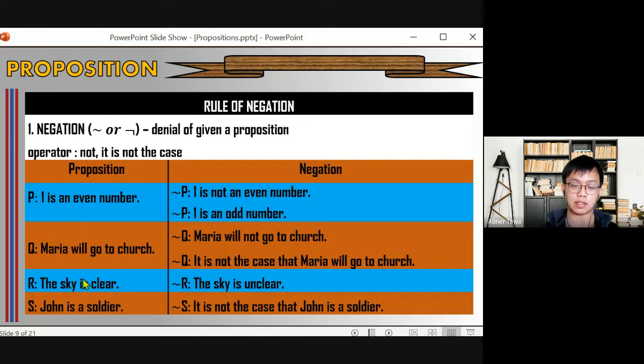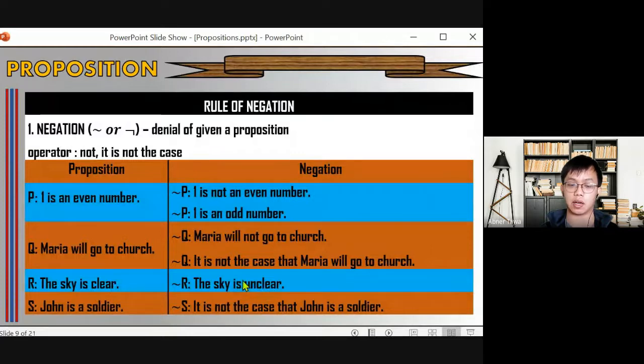Okay. Next example: we have a proposition R, the sky is clear. If you negate that, we get the opposite word of clear. We can say that the sky is unclear. If you observe, we did not use the word not or it is not the case, but we used the opposite word for clear, which is unclear.